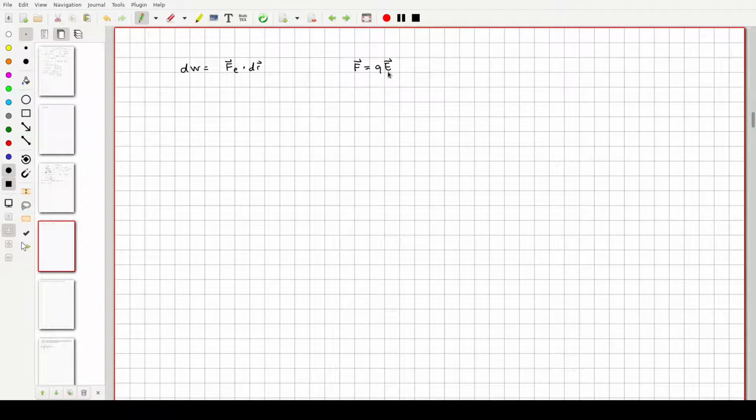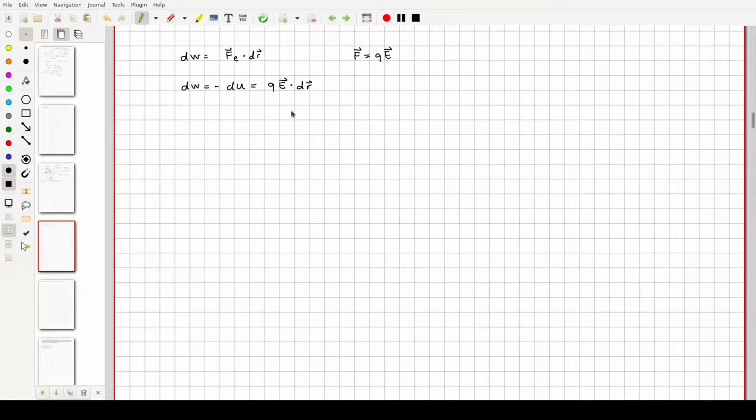And as a consequence, I can relate that to work and potential energy. Okay? So F sub E would be Q times E vector. dr is part of the line. Sometimes it's called dl.